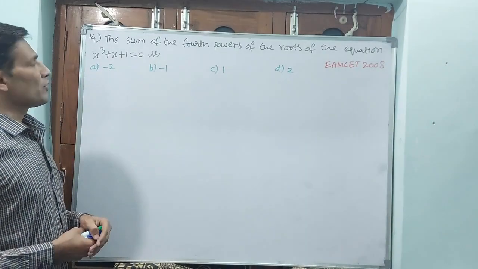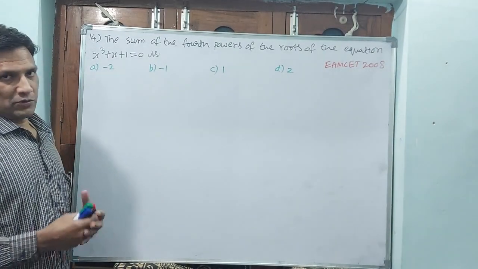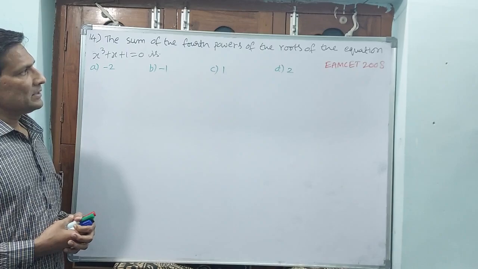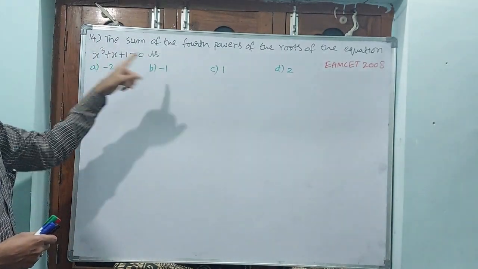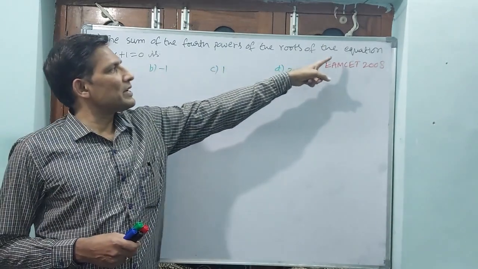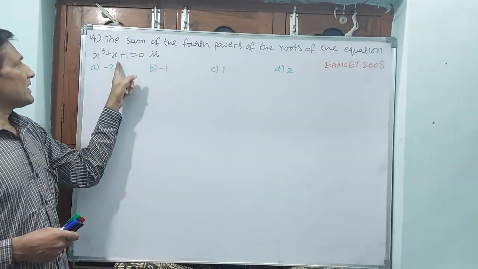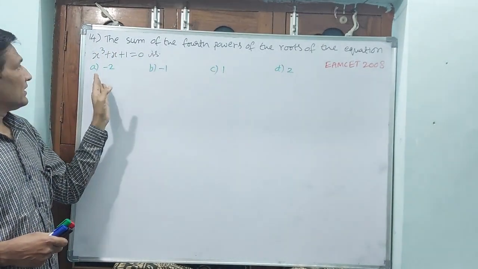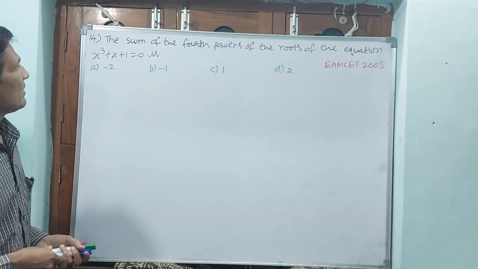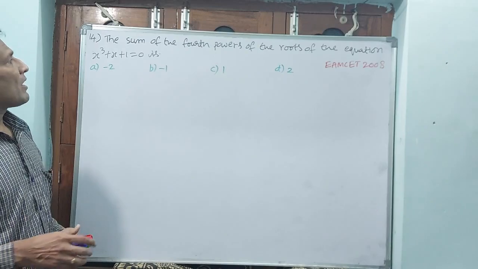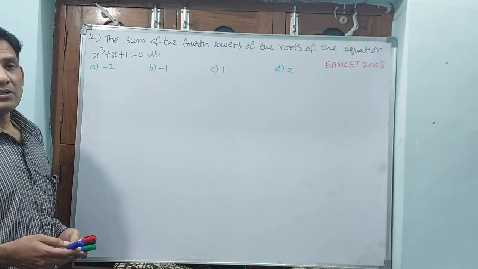Okay, see the 14th question. This is a little bit bigger question, and we should have patience and we have to rub the board also. Okay, see, the sum of the fourth powers of the roots of the equation x cube plus x plus 1 equal to 0, like they are asking. See, the answer will come; it is an MSET 2008 question. But see, what is the fourth power of the roots of the equation?